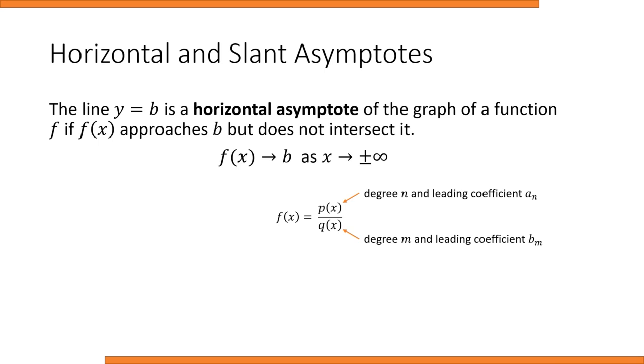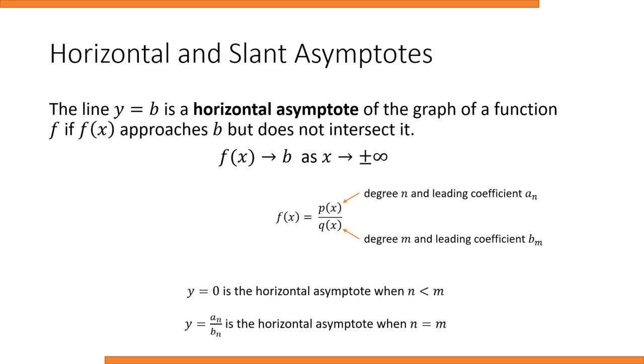Depending on which degree is bigger will tell me where the horizontal asymptote appears. If the numerator's degree is smaller, then you'll have a horizontal asymptote at y equals 0. So as you go off to infinity to the left and right, we're going to approach 0 if the degree on the top is smaller.